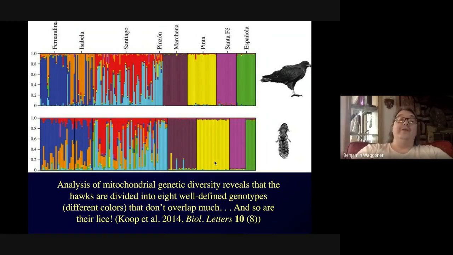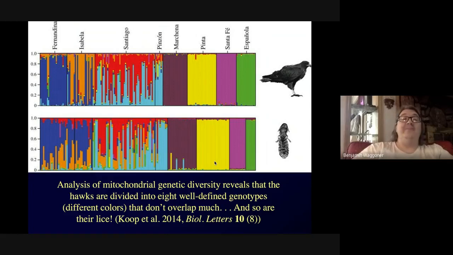Each one of those vertical bars represents a hawk, and the colored zones are the proportion of allelic diversity in each Fernandina hawk that can be assigned to a particular cluster. So most of the Fernandina hawks, with a couple of exceptions, have DNA diversity that belongs to a cluster shaded blue.